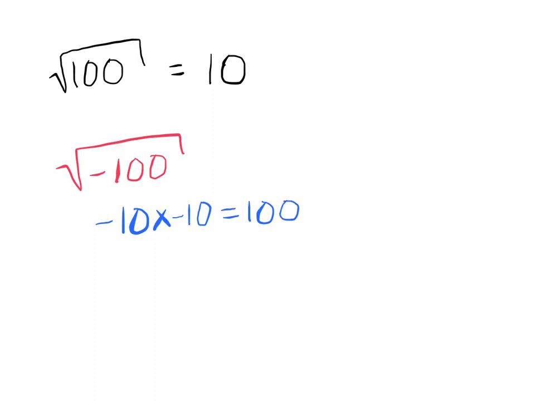So in this case, there's no solution. There's no real number that is the square root of negative 100. In just a little bit, we're going to talk about complex and imaginary numbers, and we're going to find a solution for the square root of negative 100. But for now, there's no real solution for it.